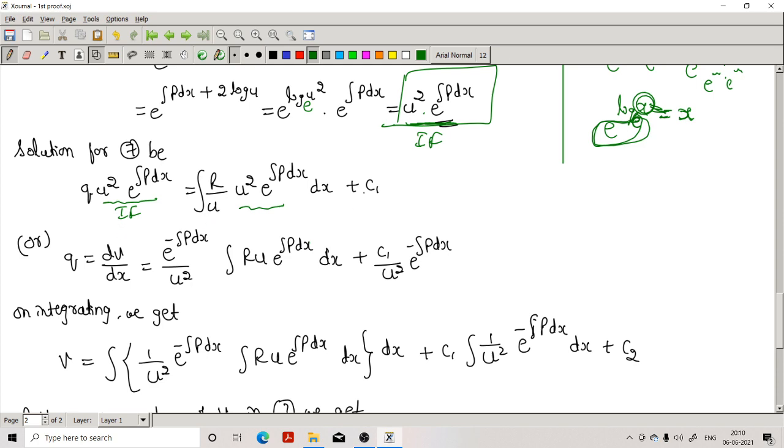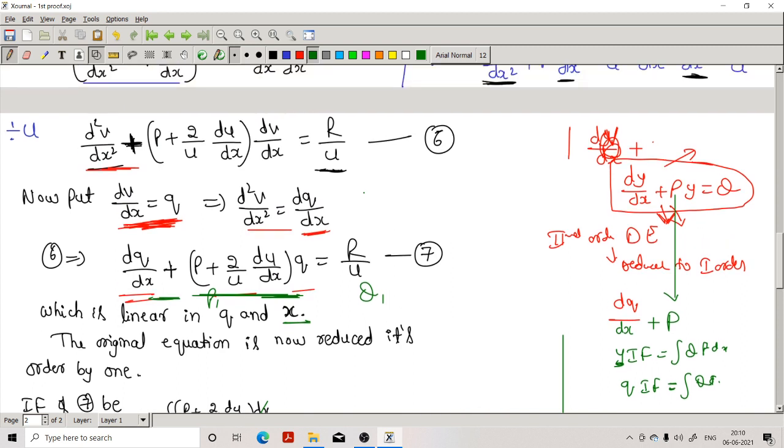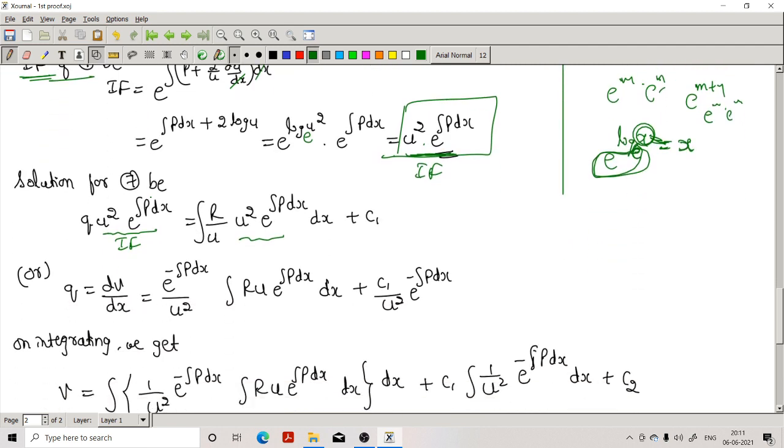Therefore q is nothing but we have substituted dv by dx in place of q. We have taken dv by dx as q. Therefore replace the same in place of q. You will get q is nothing but dv by dx, which is nothing but, just divide by this integrating factor. You will get, dividing both the terms, 1 by e power x is nothing but e power minus x.